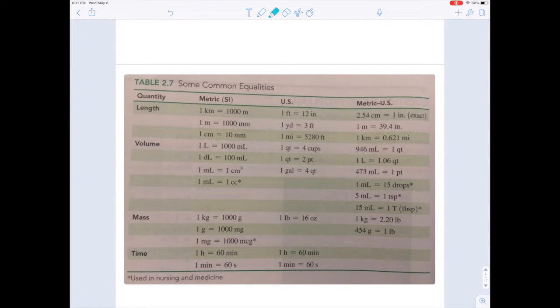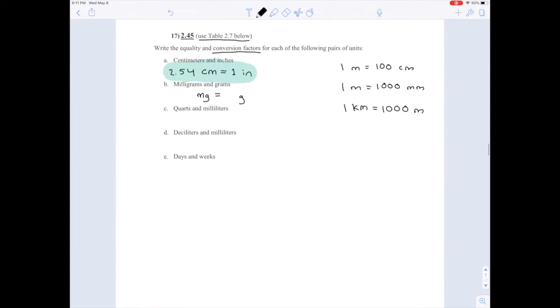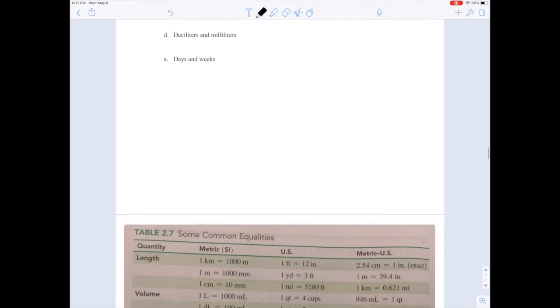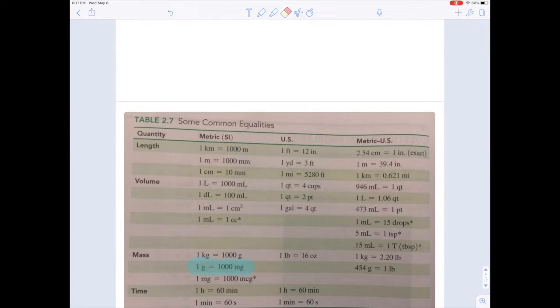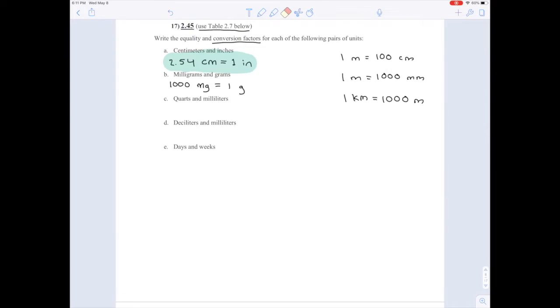We're looking for milligrams and grams. That's down here in the mass. Grams measures mass, so milligrams and grams, that's right here. 1 gram equals 1,000 milligrams. So there are 1,000 milligrams in 1 gram. That would be the conversion factor for that.